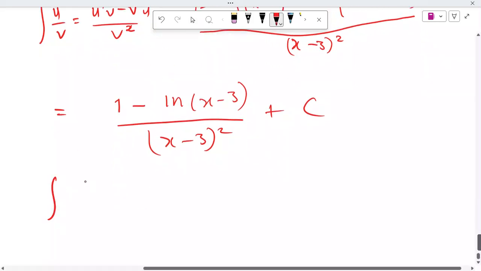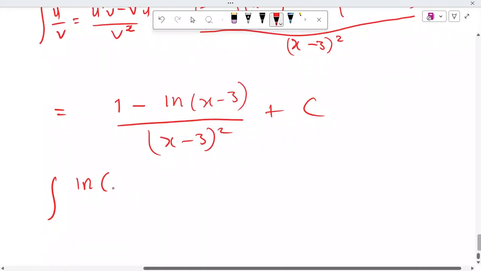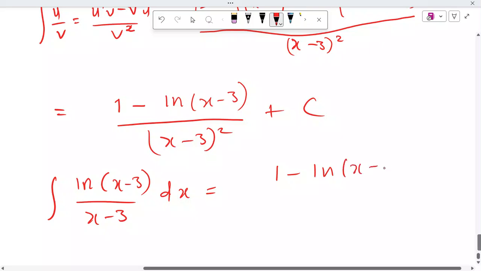So integrating ln x minus 3 over x minus 3 squared dx equals 1 minus ln x minus 3 over x minus 3 plus c.